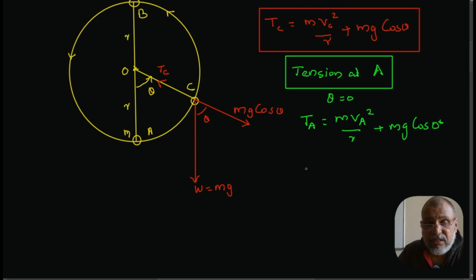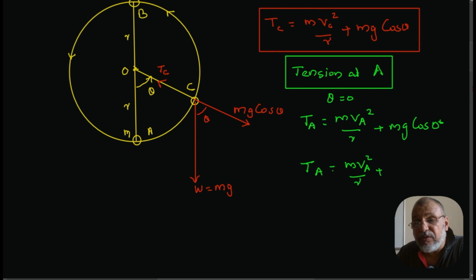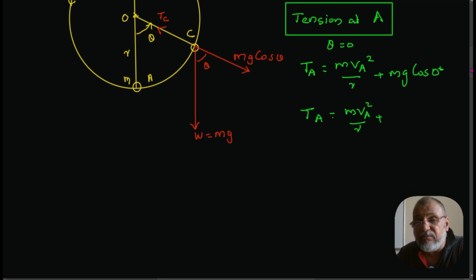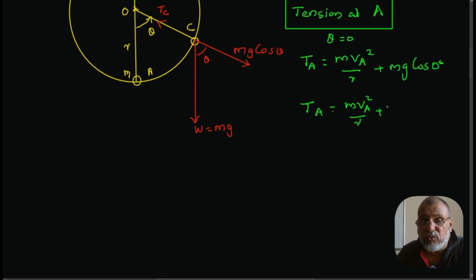So the tension at the lowest point, TA, is equal to m vA squared over R plus mg. This is the expression for the tension when the body is at A.